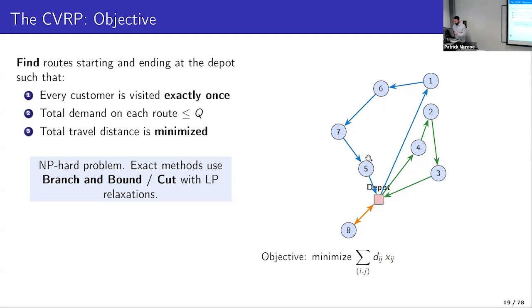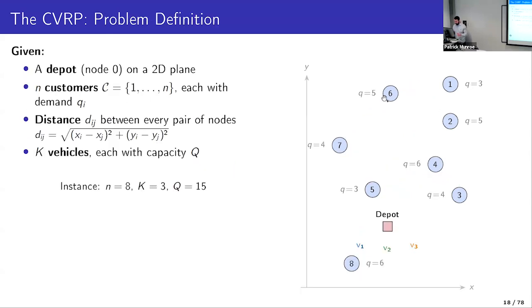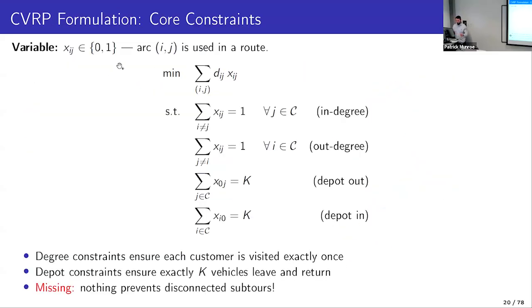I didn't draw here the complete graph, but suppose that we have arcs between all of the nodes. And the variable x_ij represents each of those arcs. So it means that there's an arc between node i and j. So when I say here x_ij is in 0 or 1, if it's 0, then we didn't choose this arc in the solution, in the route. And if it's equal to 1, then we chose it.